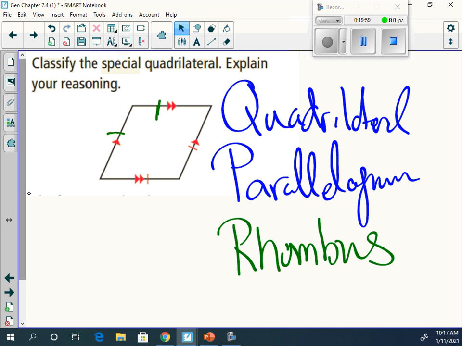Can we say anything further? Do we know anything about the angles? No. We know that the opposite angles would be congruent, but for me to say it's a rectangle or a square, I would need to know that all four angles are congruent to each other. So we can't say anything more than this. The most specific term that we could have for this is a rhombus. And that's it for this here.